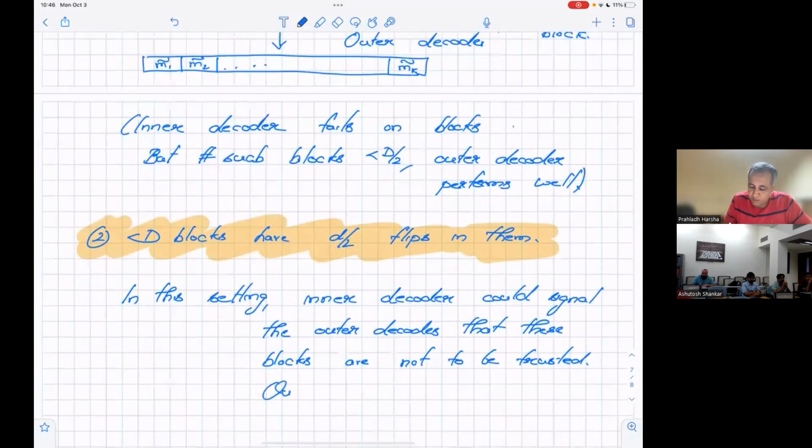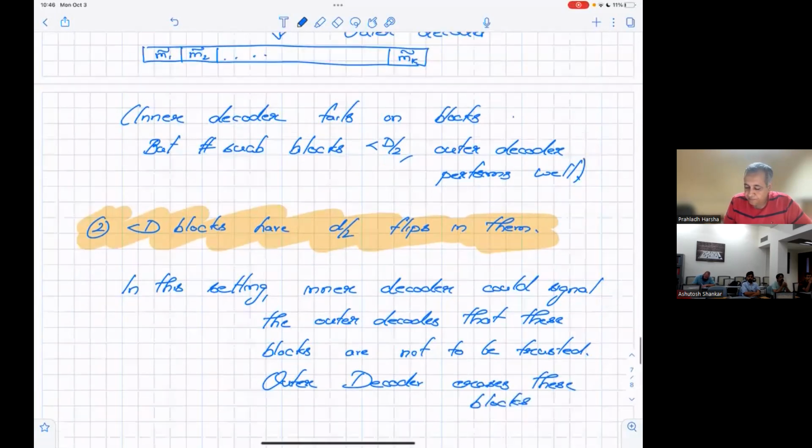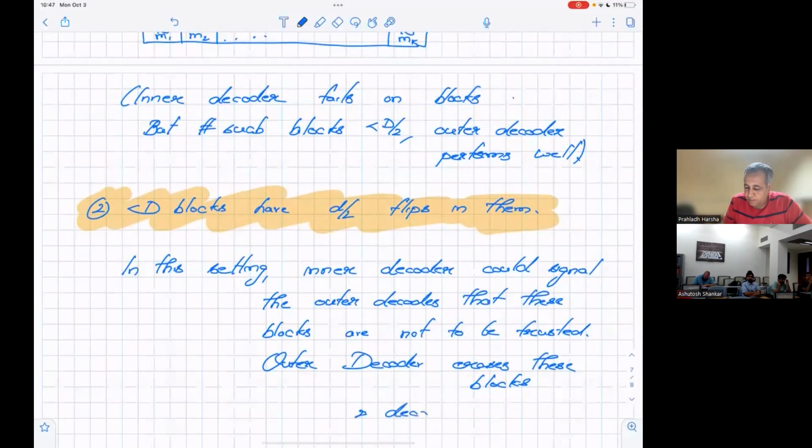The outer decoder erases these blocks and decodes perfectly.